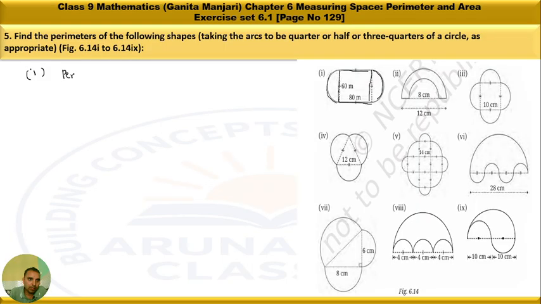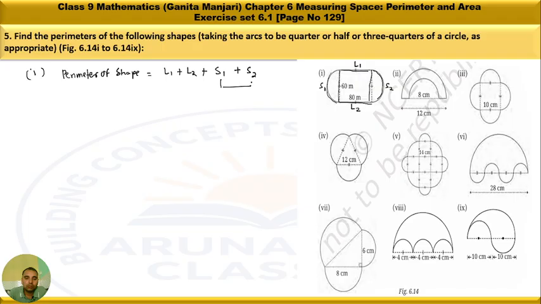So I will be writing perimeter of shape. I will consider it as length L1 plus length L2 plus semicircle length S1 plus semicircle length S2. Here I will consider length L1 and here it is length L2, semicircle 1 and semicircle 2.